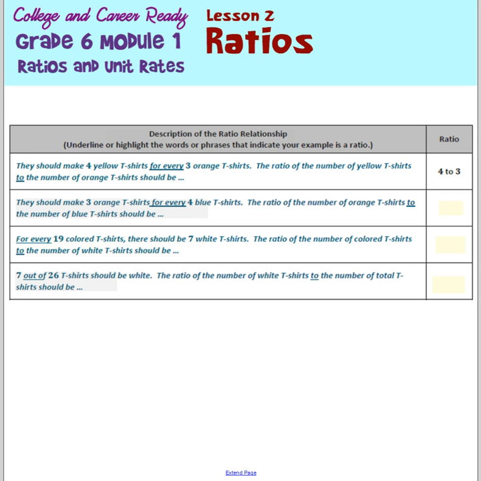I hope that you can make these ratios by yourself right now. I'd like you to give it a try and fill in the following 3 on your own. If you need a minute, hit pause. If not, we can move on together.